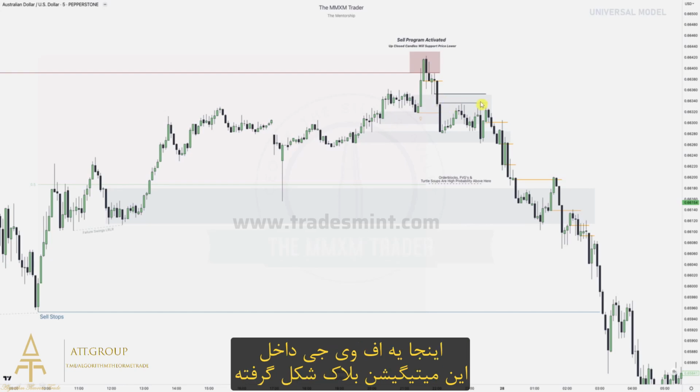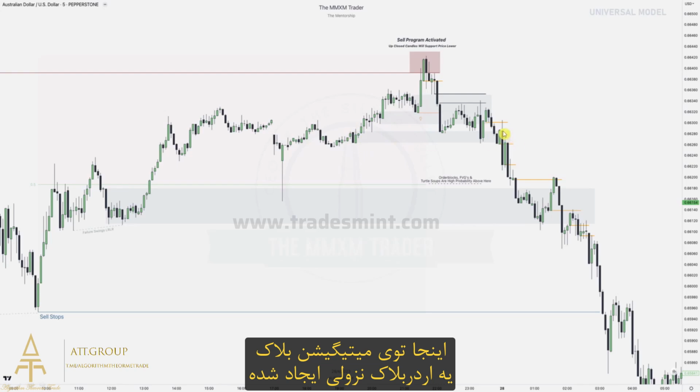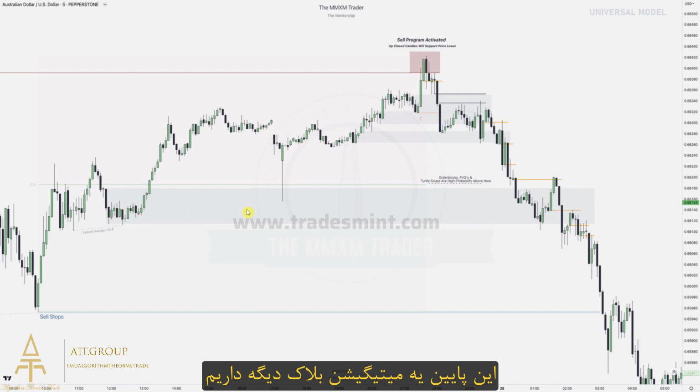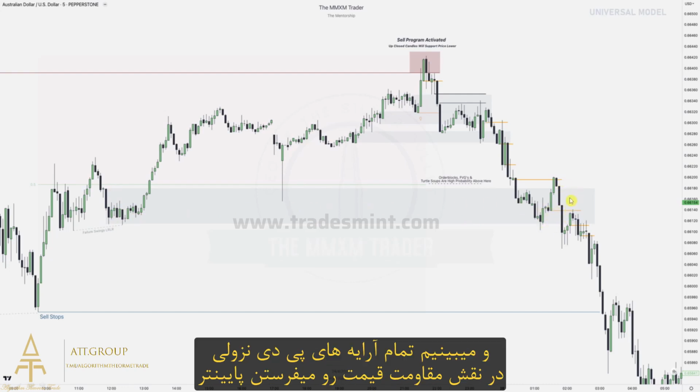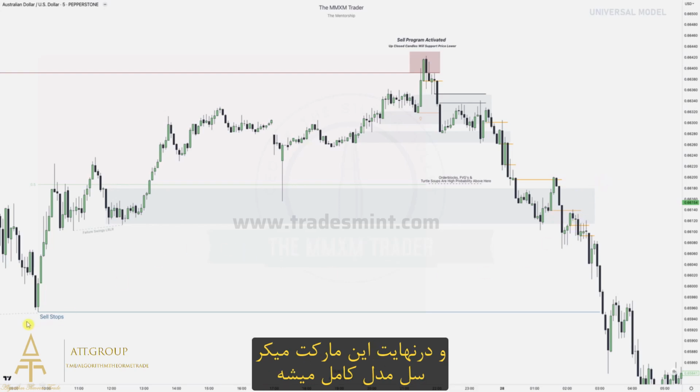We have that fair value gap here. Inside this mitigation block, we have this bullish order block being formed inside this mitigation block, and so on. Over here, mitigation block into this bearish order block again. Down here, another mitigation block, and we can see all these PD arrays formed here are still holding price to continue down lower and complete this market maker sell model.